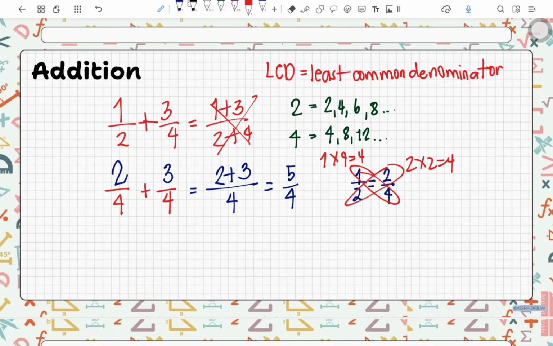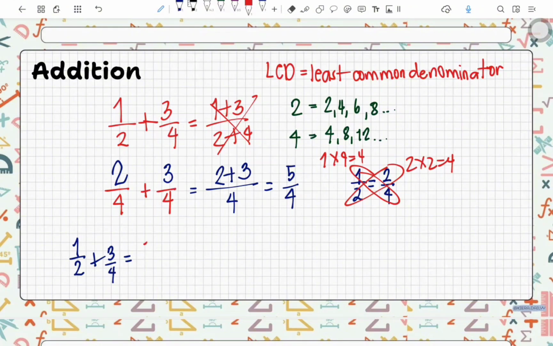Now, another method is just to multiply the denominator of the other fraction to each fraction. For example, 1 over 2 plus 3 over 4. We are just going to multiply the denominator of the other fraction to the other.